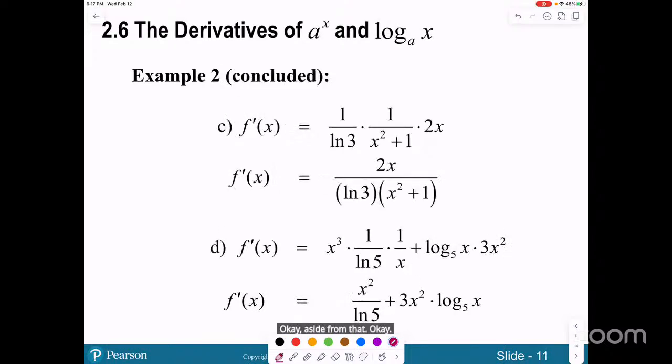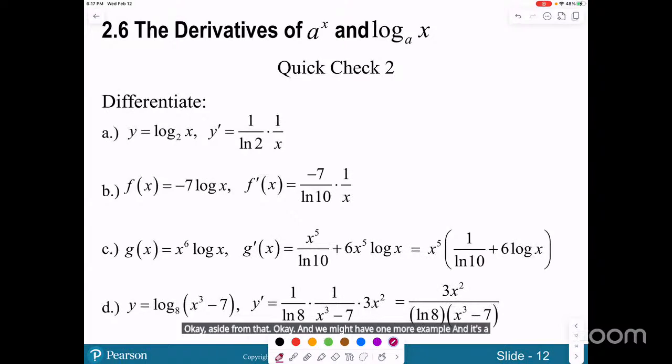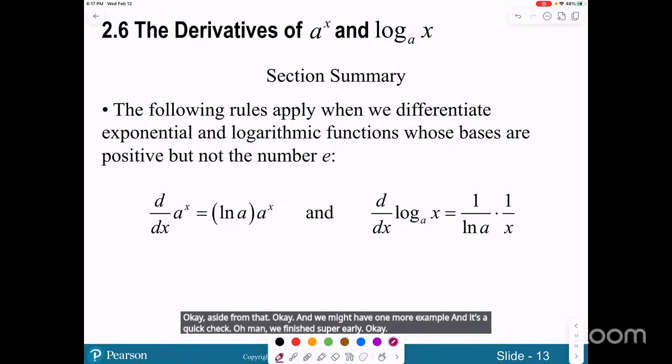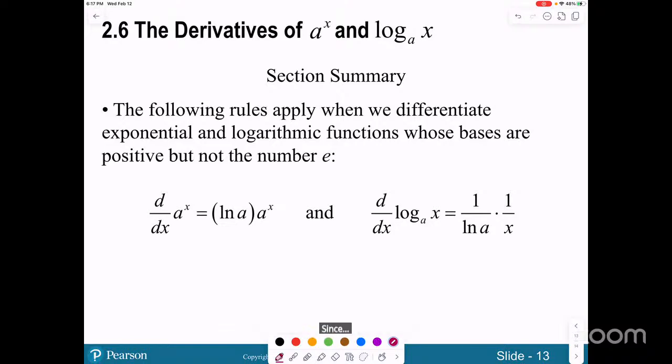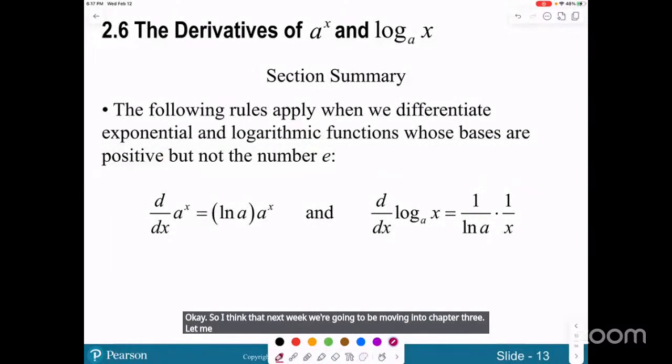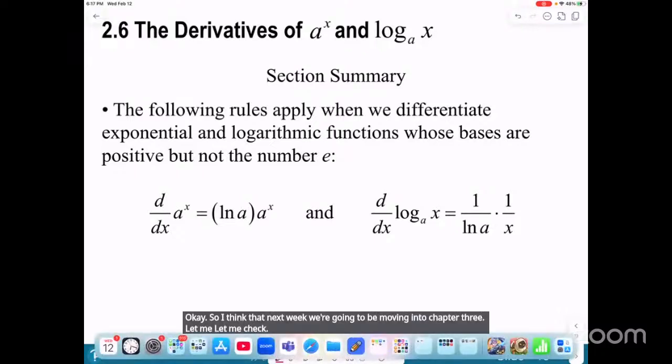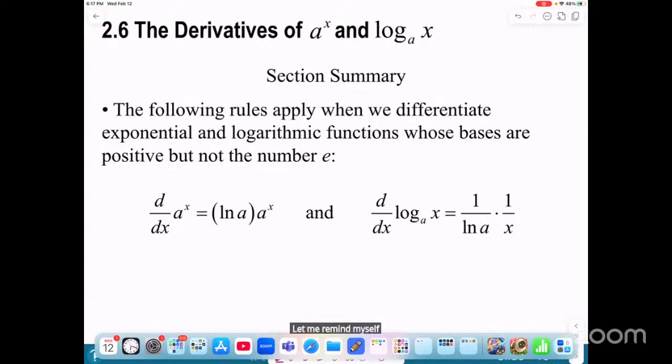And we might have one more example. And it's a quick check. Oh man, we finished super early. What did I have on the schedule for next week? Okay. So I think that next week we're going to be moving into chapter 3. Let me check my math lab real quick.